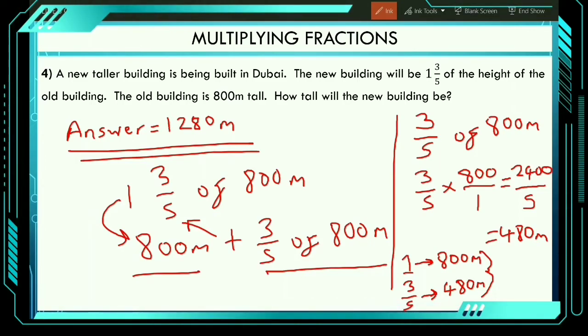So 800 plus 480 meters gives us 1,280 meters. And that's exactly the same answer that we got with the previous method. Brilliant.